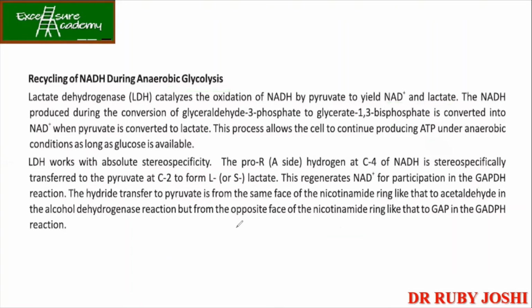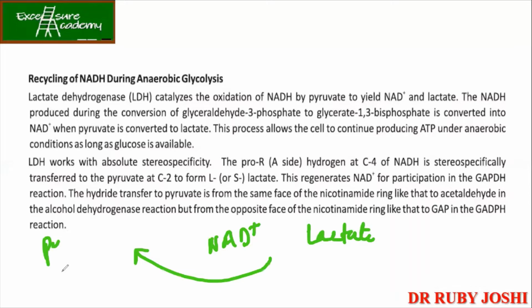What you can understand over here is that you have got NAD plus and you have got the lactate. This is what you get. Okay? Before this, here you have pyruvate and here you have NADH. So this H is getting transferred to the pyruvate at the C2 so that the pyruvate becomes lactate.